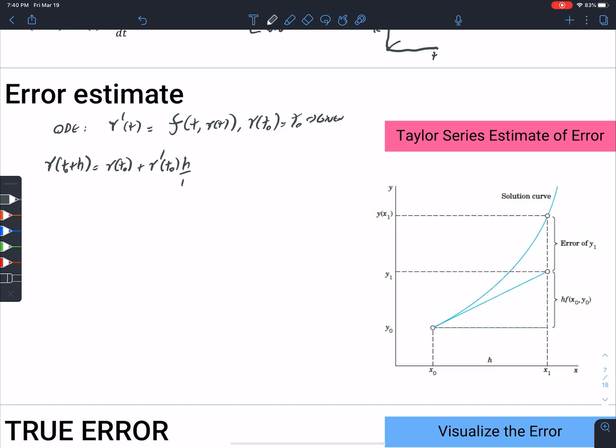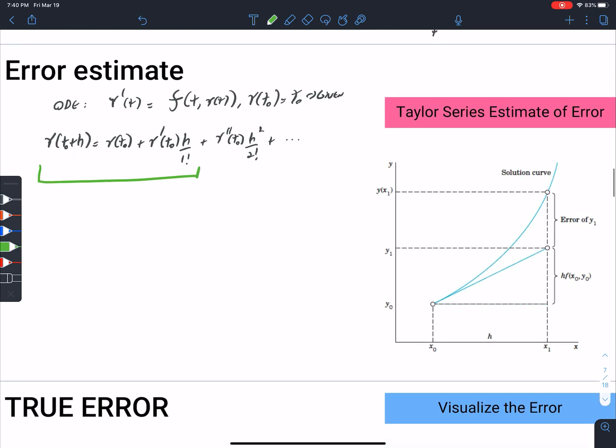divided by 1 factorial, right? So I'm just using the formula for Taylor series, and then plus y double prime of t naught times h squared over 2 factorial plus other terms, right? And if we recall what we did before, we said, okay, let's pretend that h is small enough that this is good enough.